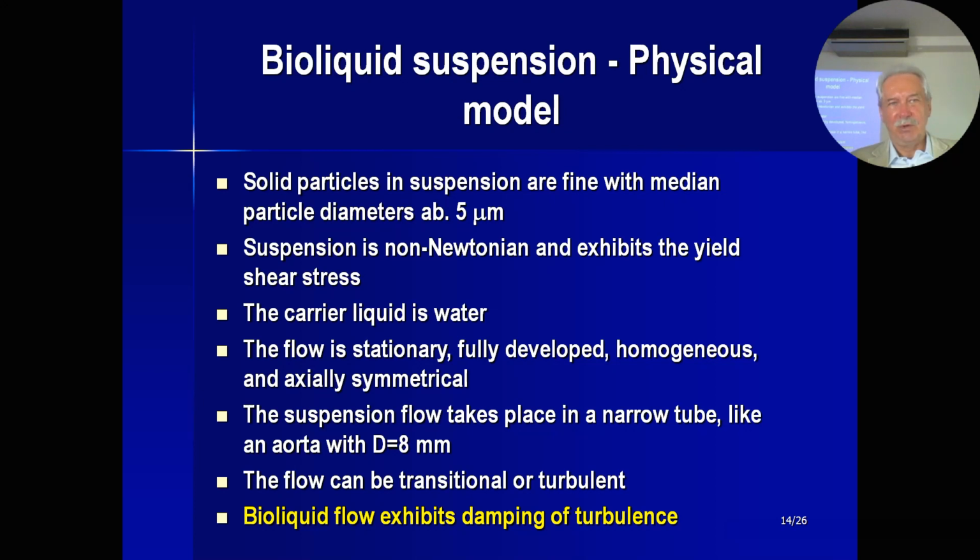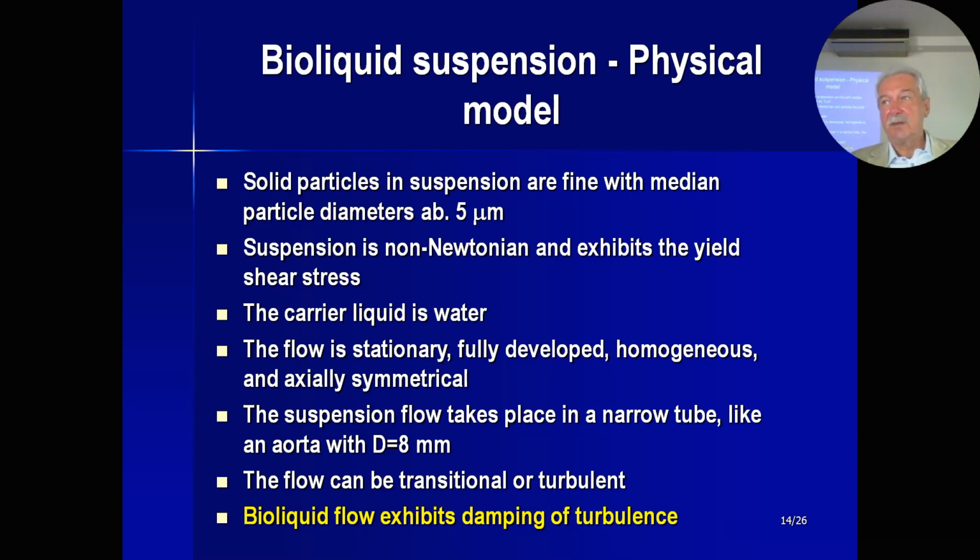We know this is not true in case of human body, because flow is not fully developed and is not stationary, has acceleration and deceleration phase, etc. But this is assumption. And I assumed that flow takes place in narrow tube, like for instance in aorta.